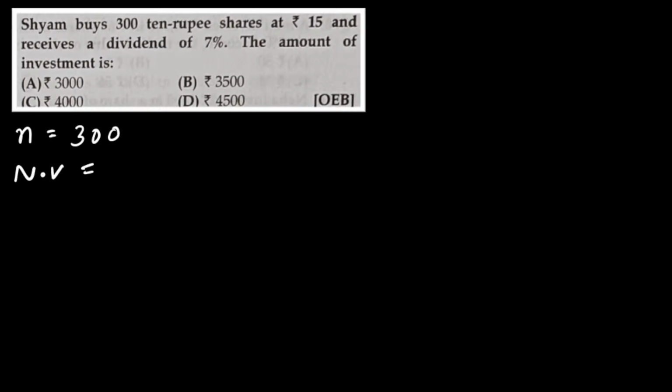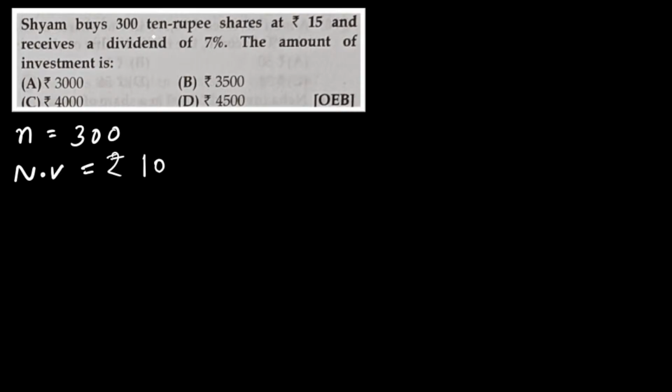Given things also you can post in the comments so that I'll see you are understanding. For this question, number of shares is 300, then 10 rupees is written next to it, that means nominal value. The cost which is written next to shares is always nominal value.